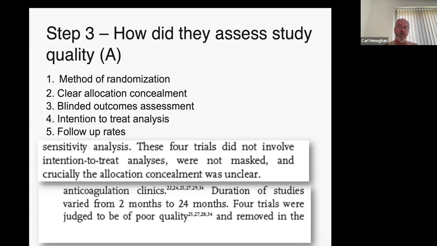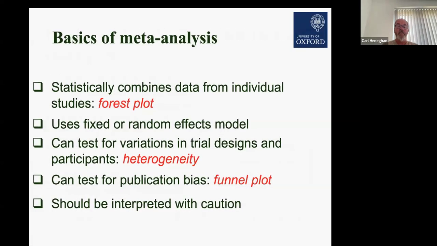So basically, if you find an effect, you remove the low quality studies to see if the effect is robust to removing the lower quality studies. If it is, you might say, actually, this effect is not affected by the quality of the evidence. But if the effect is removed, you might say there are some issues with bias in the trials that undermine the treatment effect.